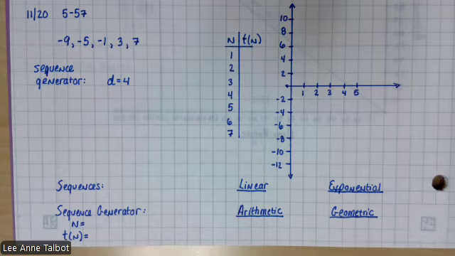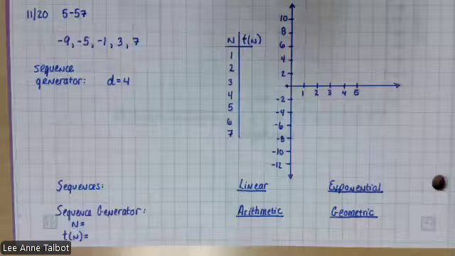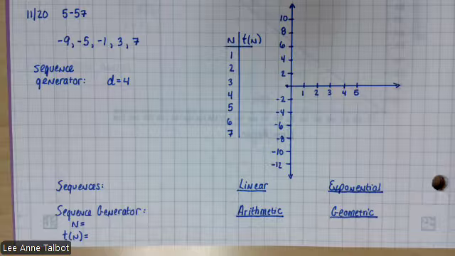Okay. So D stands for difference, which means that they all have 4 between them. The difference between all of them is 4. If you have a sequence that is going up each time, the difference will be positive. And if you have it going down each time, it will be negative.